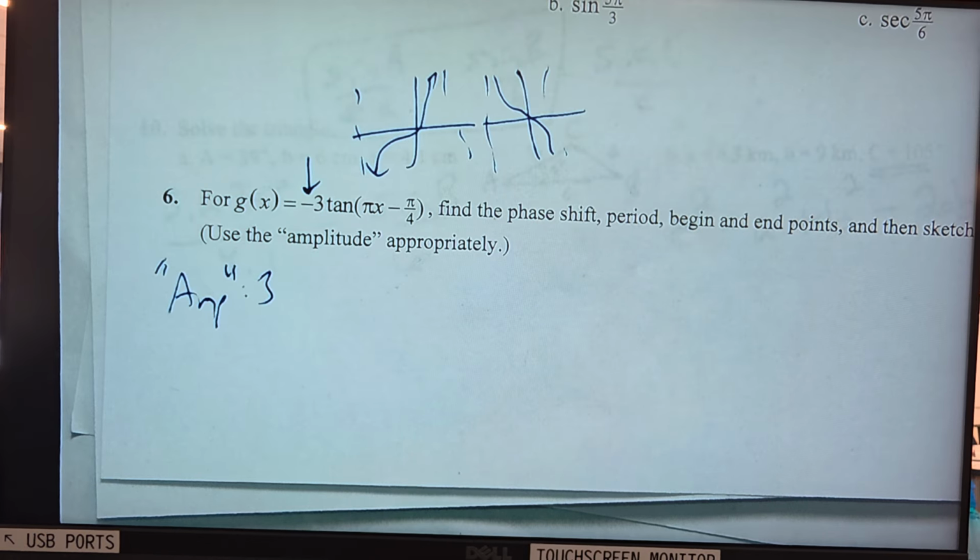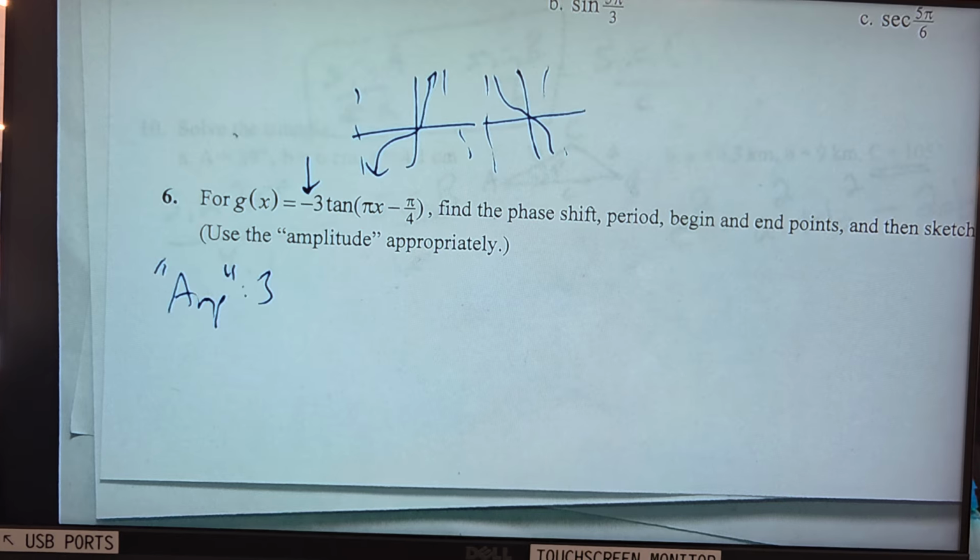Tangent normally goes wall, amplitude low, 0, amplitude high, wall. This one's just going to flip that over. Like sine goes 0, max, 0, min, 0. As you step, you know exactly where to put the outcome.